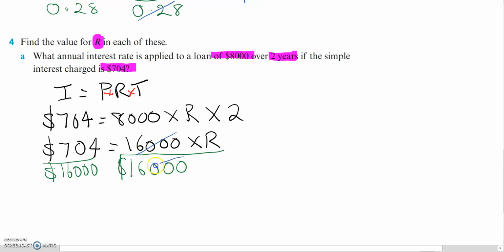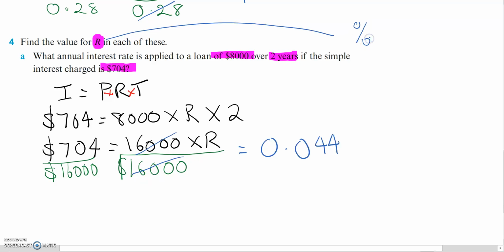Alright, 16,000 divided by 16,000 is 1, but the 704 over 16,000 is 0.044. Now this isn't the rate as it is because we like the rates to be as percentages.